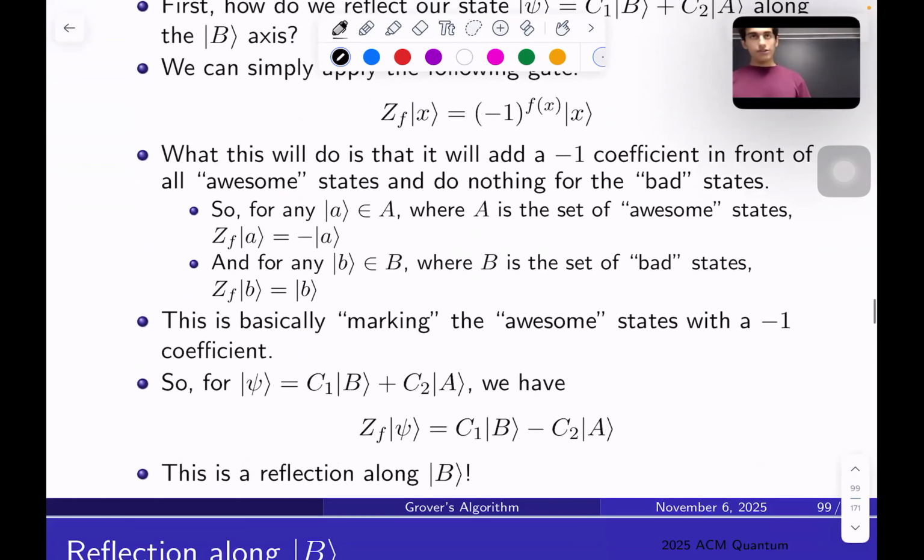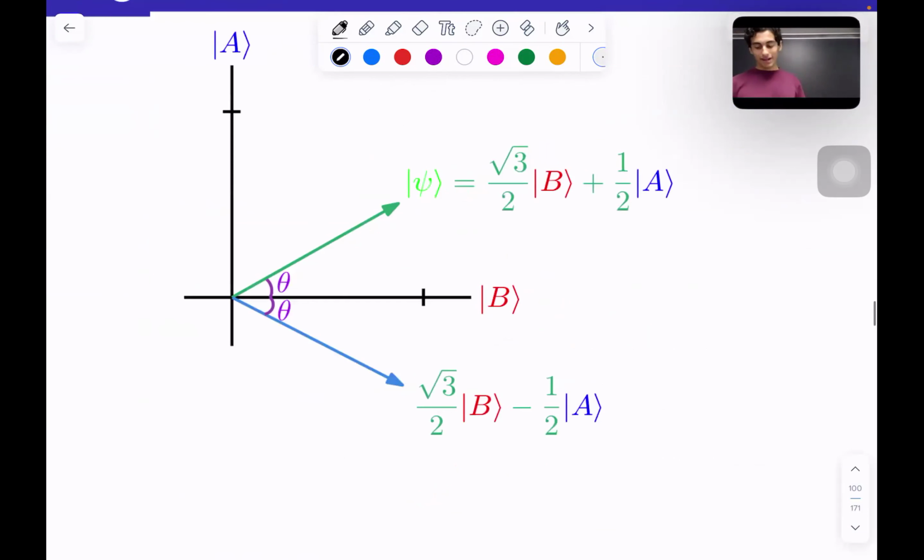So again, if we're inputting this state in our vector space of A and B, capital A, capital B, we apply ZF on it. It'll take all the awesome states and mark them with the -1, all of them. So this actually is a reflection around B. And then here's a geometric picture.